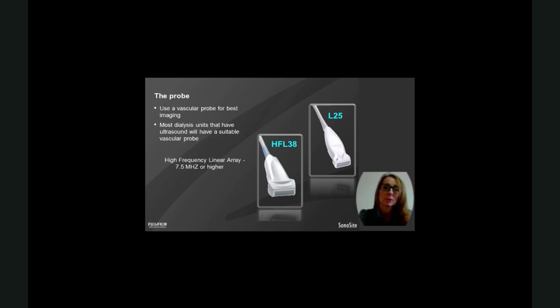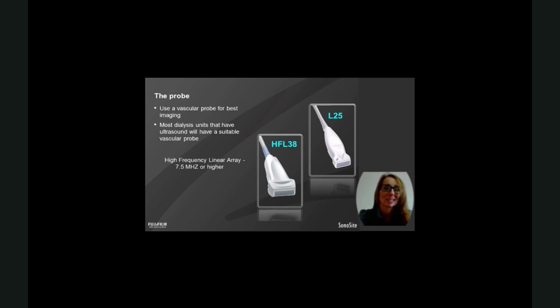The probe that you would use in the dialysis setting for vascular access would be a vascular probe. There are a few different ones, but if you're going to use an ultrasound, it'd be best to make sure that you do have a vascular probe. The L25 is nice for cannulation because the probe is small, and it means that the images that you get are big. That's really important when you're trying to guide a little tiny needle into a small vessel.